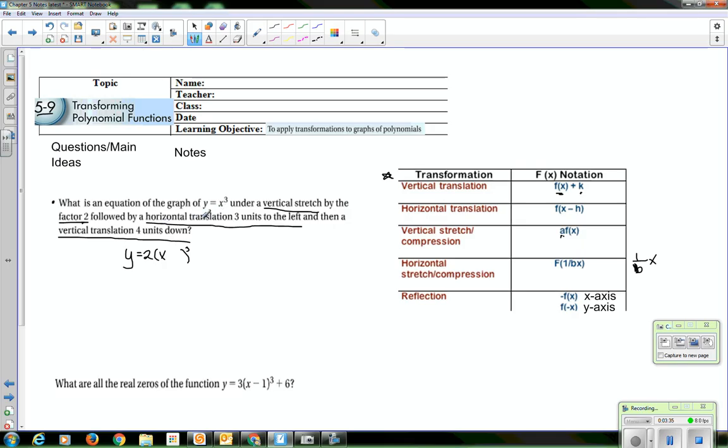So we're going to move left 3 units. To move left, I'm going to have a plus sign in here. And then a vertical translation, that's this guy, down 4 units. To go down, I have to use minus.